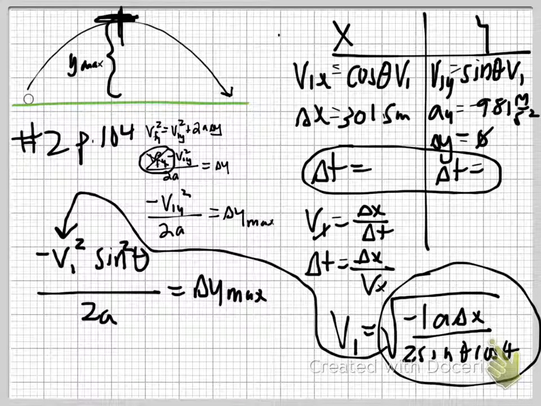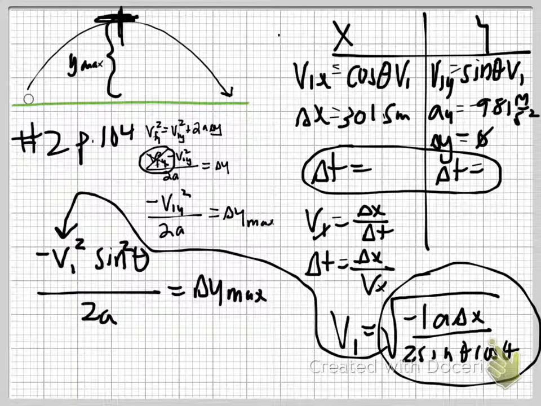Oh, wait. Our saving grace is the fact that that's a radical and that's squared, so that's kind of a nice little gift. Right. Vi sine theta squared. Well, you can, but because your Vi is a radical expression, do you see what's going to happen?